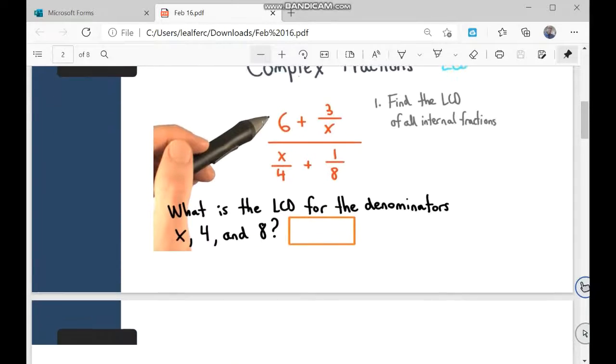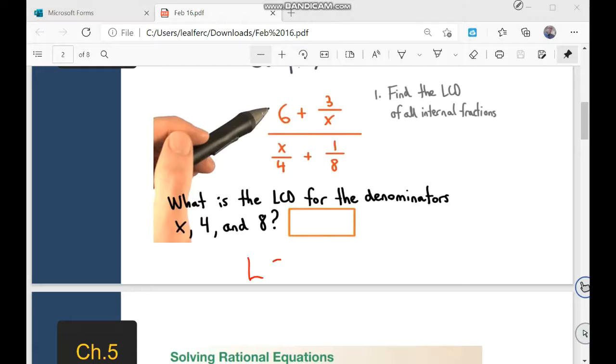Well, the least common denominator, let me write it down here. You're going to write all the unique factors, and definitely yes, 2 is one unique factor, because you have x, you have 4, which is 2 squared, and you have 8, which is 2 cubed. So you are kind of right, you are on the right track, because 2 is one of the unique factors.